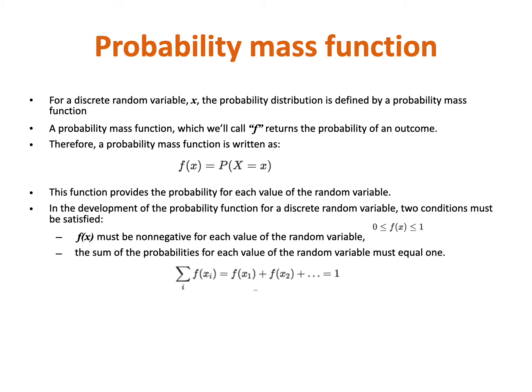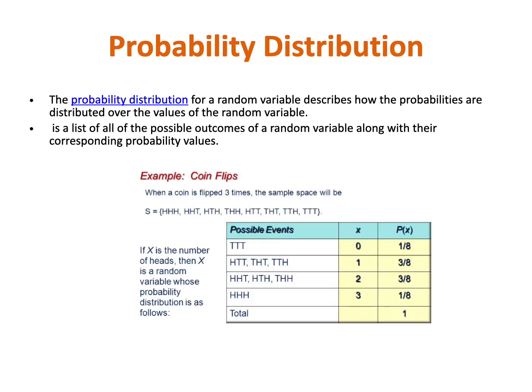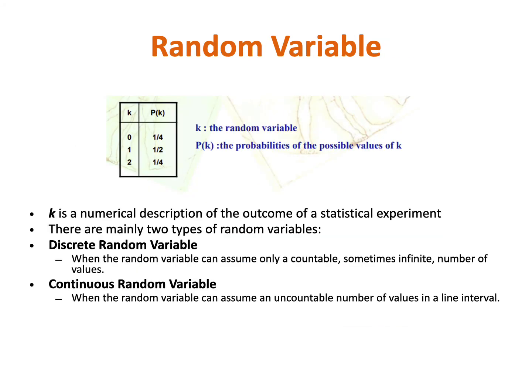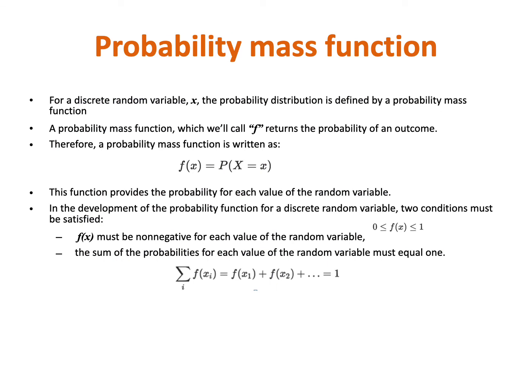In the development of a probability function for a discrete random variable, two conditions must be satisfied. One is that f(x) must be non-negative for each value of the random variable, meaning it must be greater than or equal to 0 and less than or equal to 1. The probability value lies between 0 and 1.